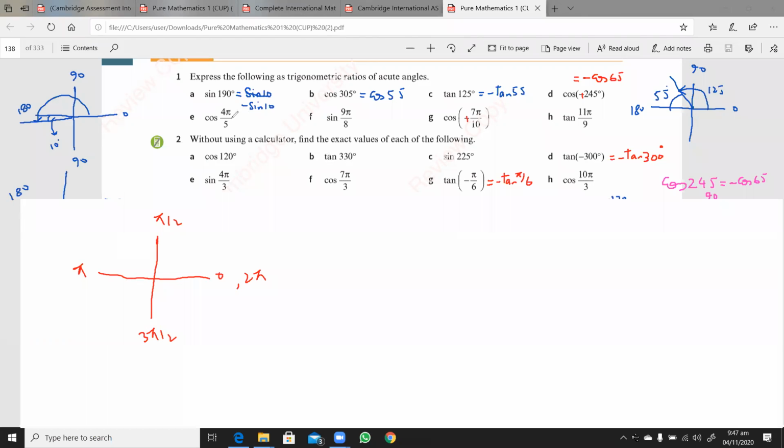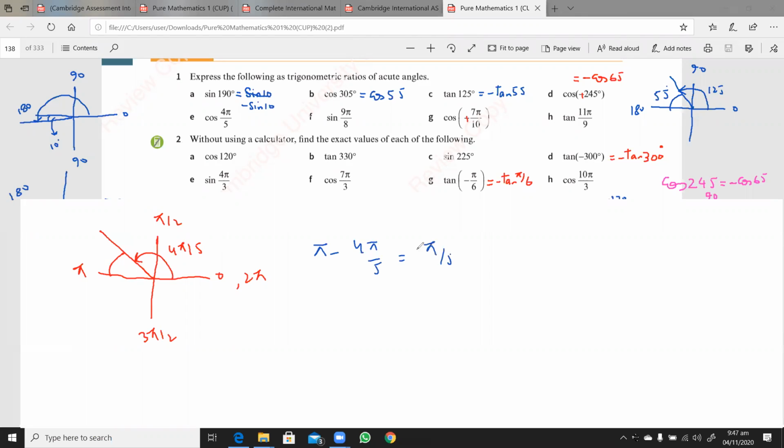You just see that, is it more than pi or less than pi? Or is it somewhere between pi by 2 or like 0? So this is clearly somewhere here. This is your 4 pi by 5. So how much is this then, if it is 4 pi by 5? Pi by 5. Yeah, that is because it is basically pi minus 4 pi by 5.